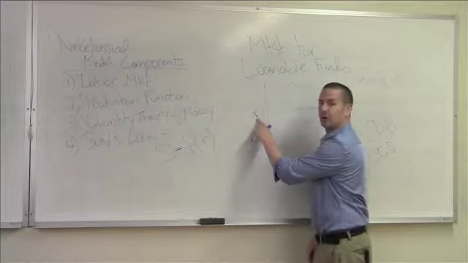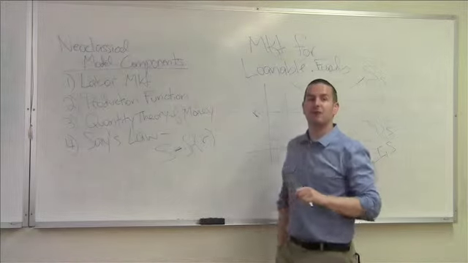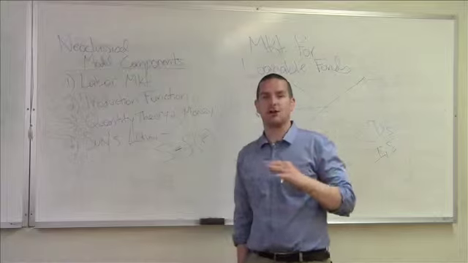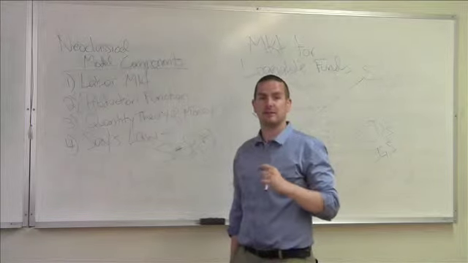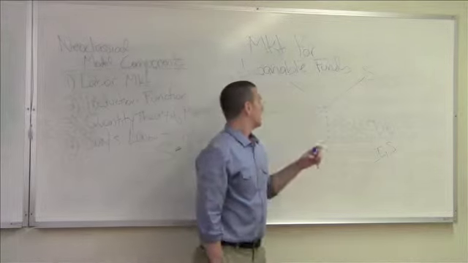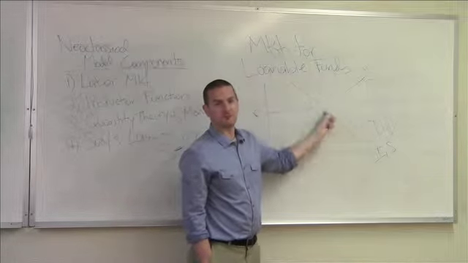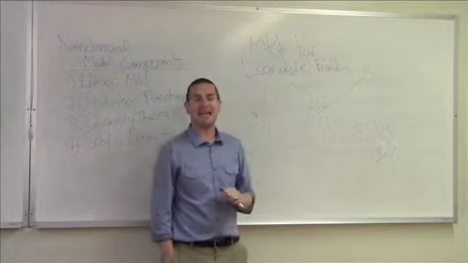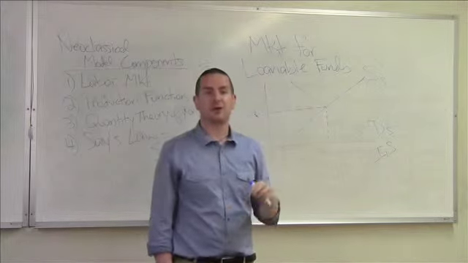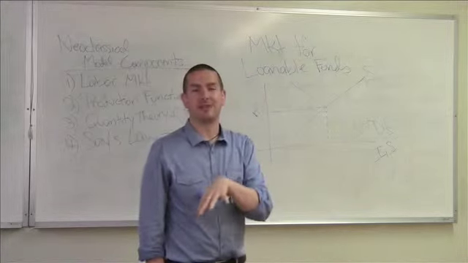Here, on the vertical axis, I have drawn the interest rate. R stands for the interest rate. I've also drawn a downward sloping curve labeled DS. That stands for the demand for savings.